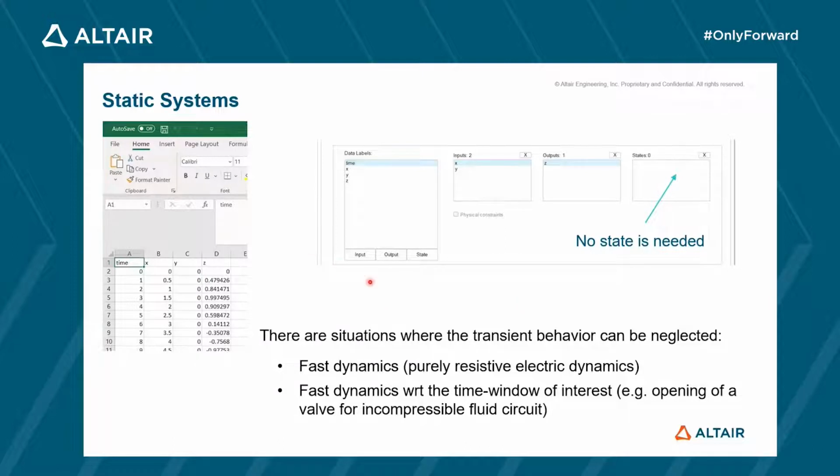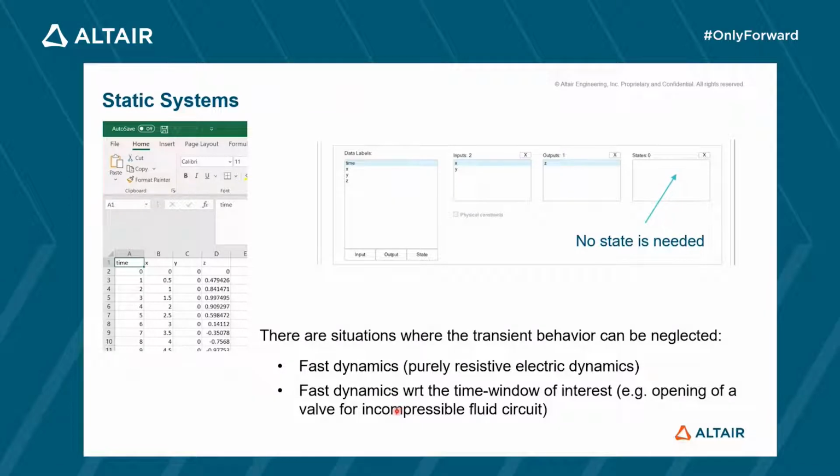So what is a static system? They are essentially systems where you can ignore transient behavior for one. And as mentioned earlier, the output is not dependent on any sort of current state of the system. So it's only dependent on the input. So if you think of a purely resistive element in an electrical circuit, that is sort of a static system.